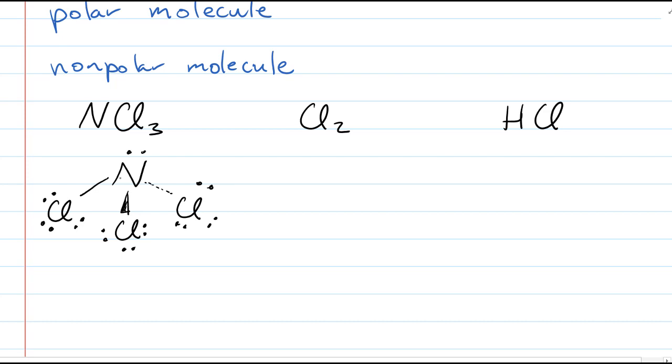I'll draw it something like this, and then we'll have the chlorine, which we can very easily draw like this here. And then we have HCl, which we can write out like this.